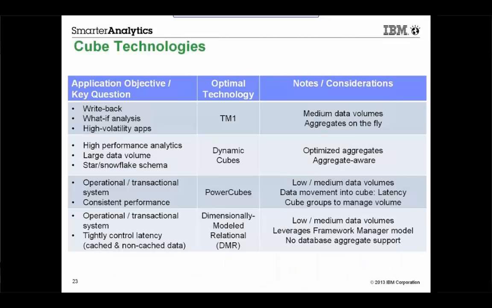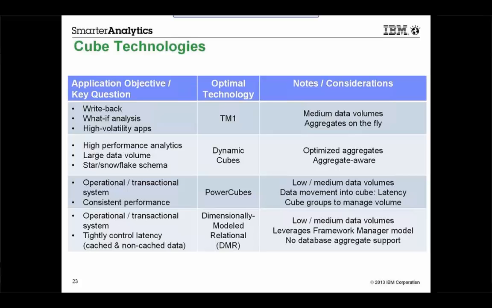The last slide I'll go through right now is cube technology. I've talked about dynamic cubes, and you might already be familiar with other OLAP technologies that we have in Cognos. It really depends on your application objective and your data sizes that drive what technology you go with. If you need write-back or what-if analysis, TM1 is what you go with.